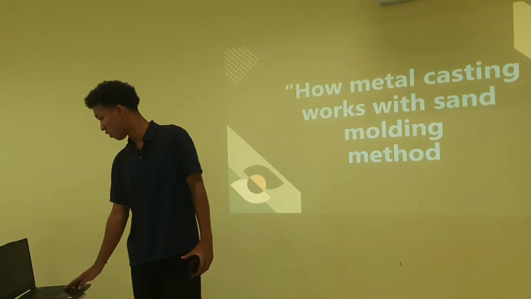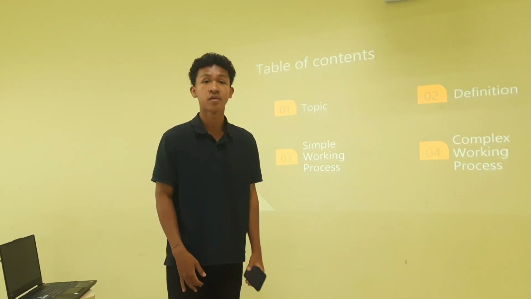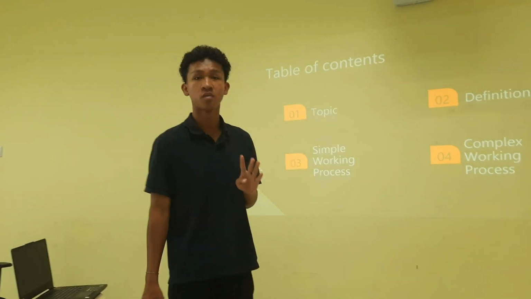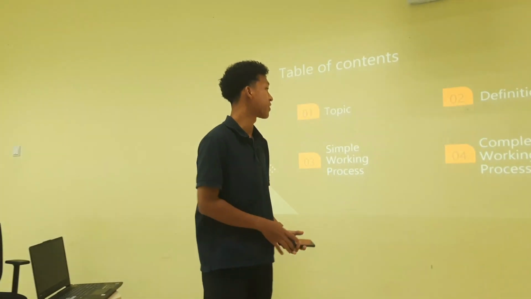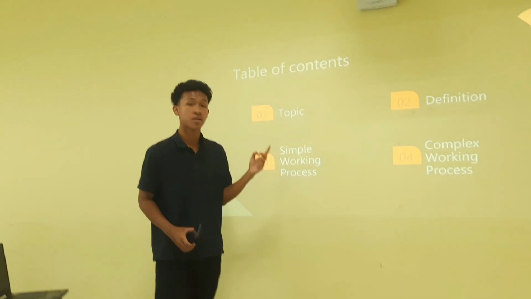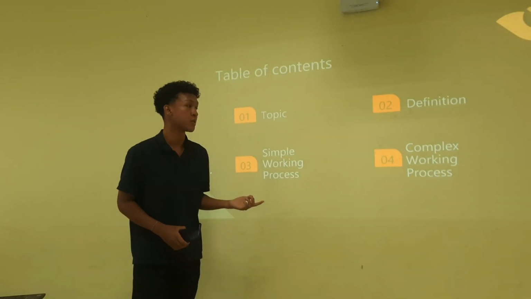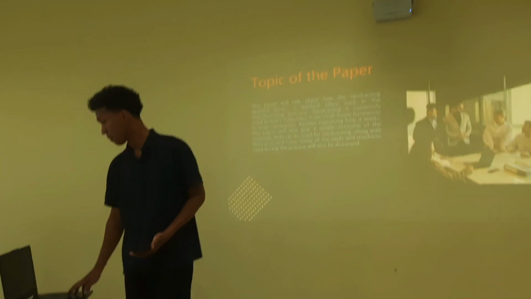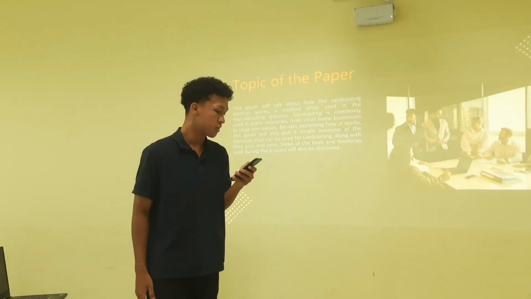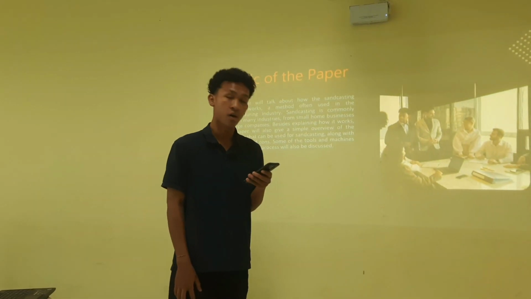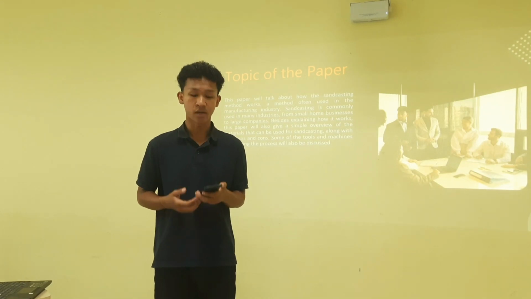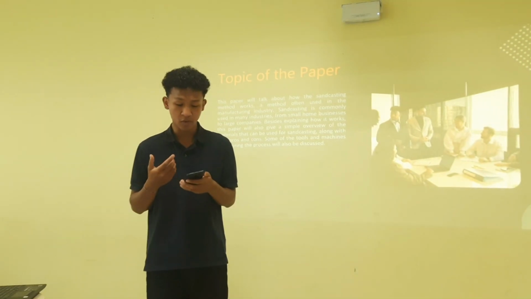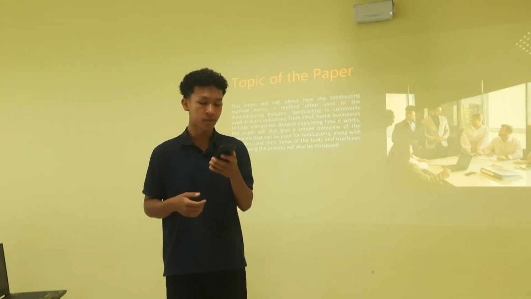Next we have the table of contents for the topic: definition, simple working process, and complex working process. Sand casting, or sand mold casting, is a traditional yet significant manufacturing process using a sand-based mold.